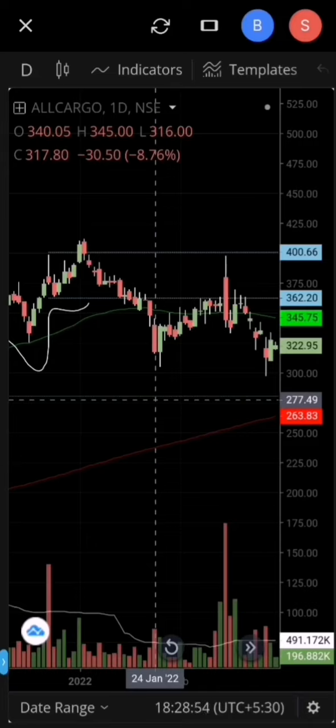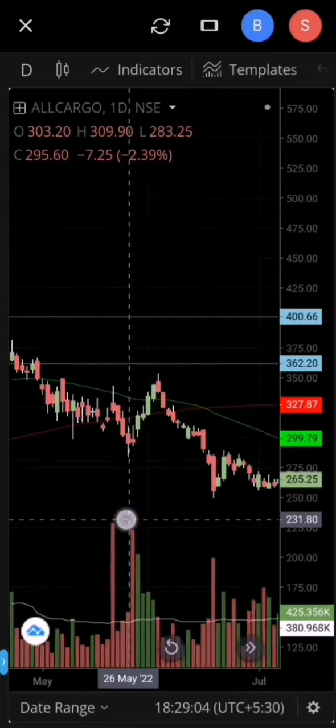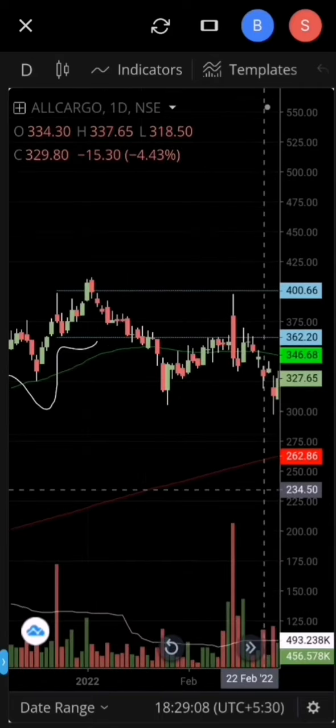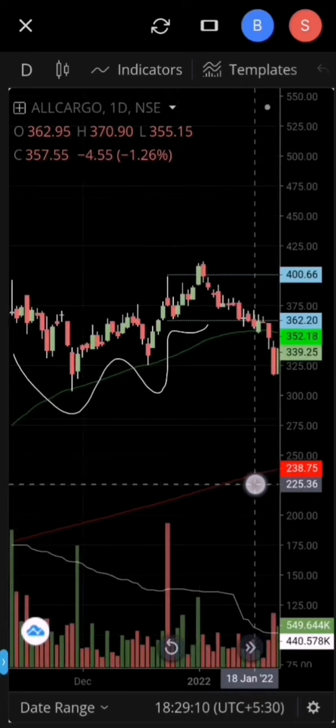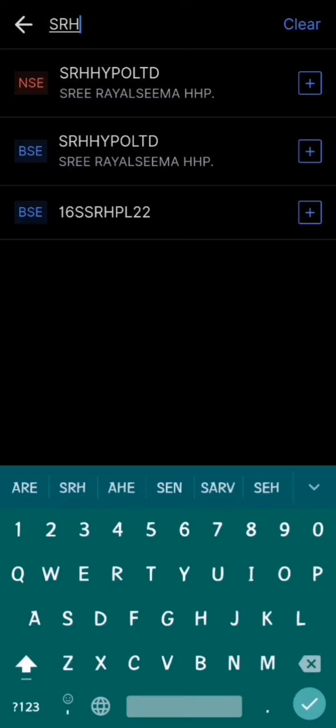This is how you have to manage your risk. If we had not booked these losses, you can imagine how bad it would have gone. So it's very important to book your losses when you have them, because this is part of the business and not every trade is going to work for you. You have to accept that you have made a mistake and move ahead.